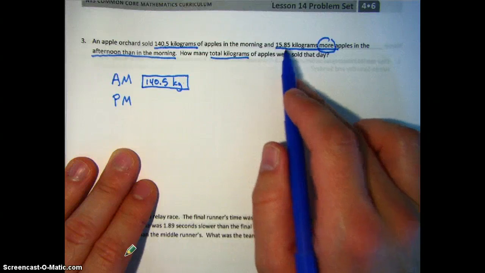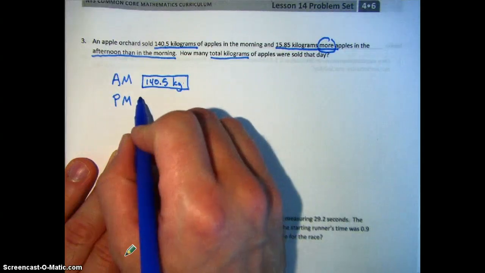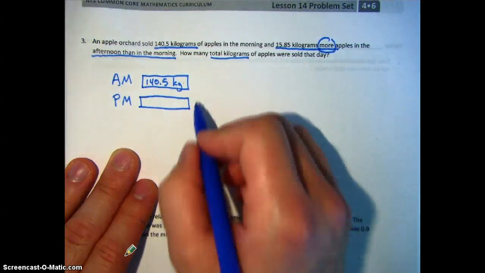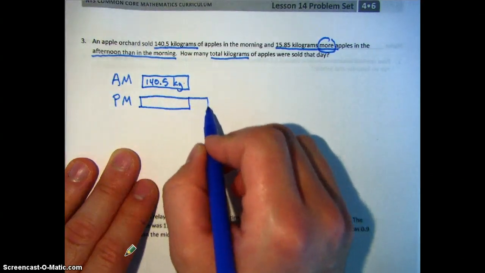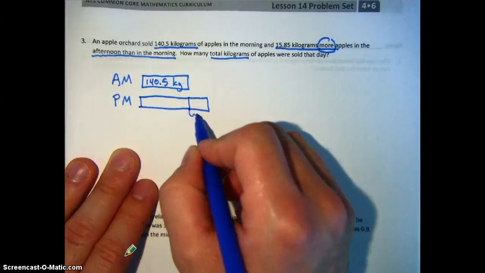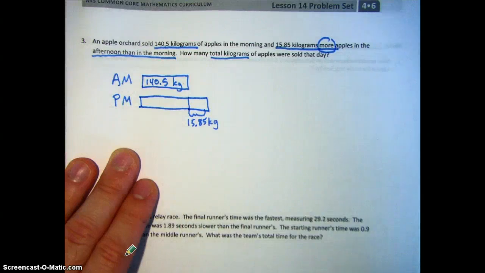They sold that much more than in the morning. So now we have the same amount from the morning, but then we have a little bit more from that, and that's where our 15 and 85 hundredths comes in. That's where that would go.